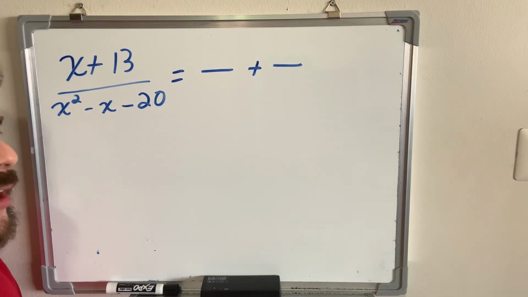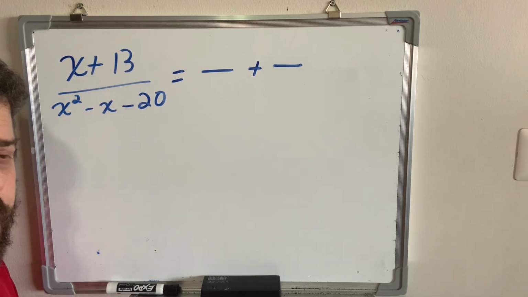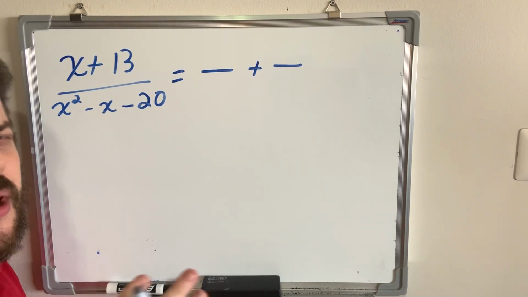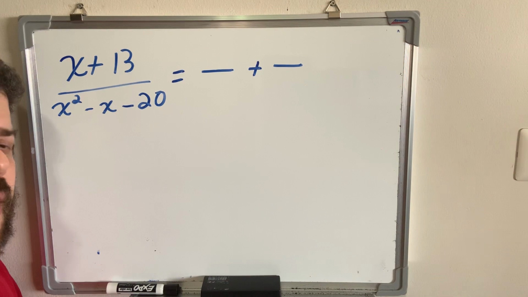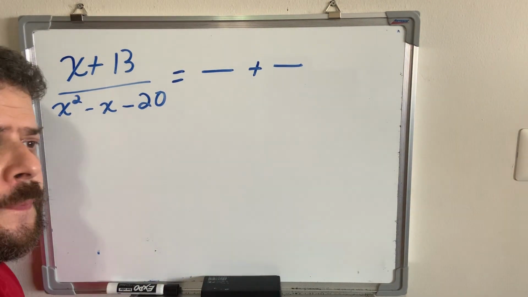Today, you can use all the factoring patterns that you know: greatest common factor, difference of squares, standard form, perfect trinomial, grouping, and decomposition. Today we're going to give a small review of decomposition just in case, because it is in one of the guiding practices. But this one does not require decomposition.